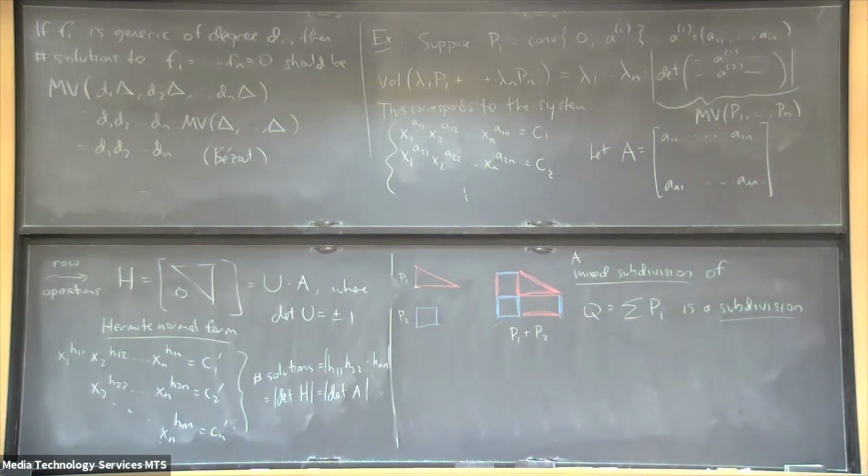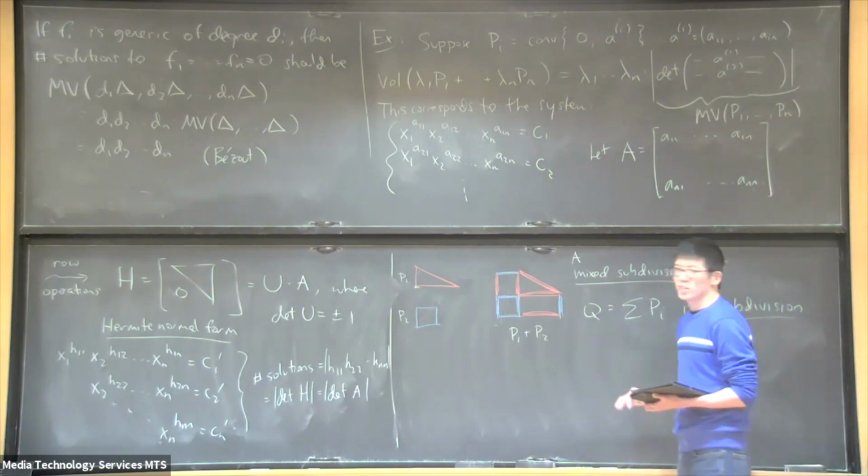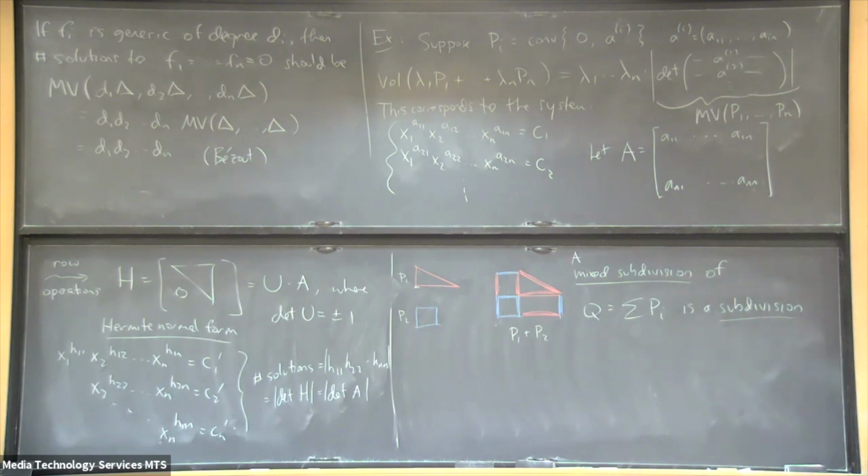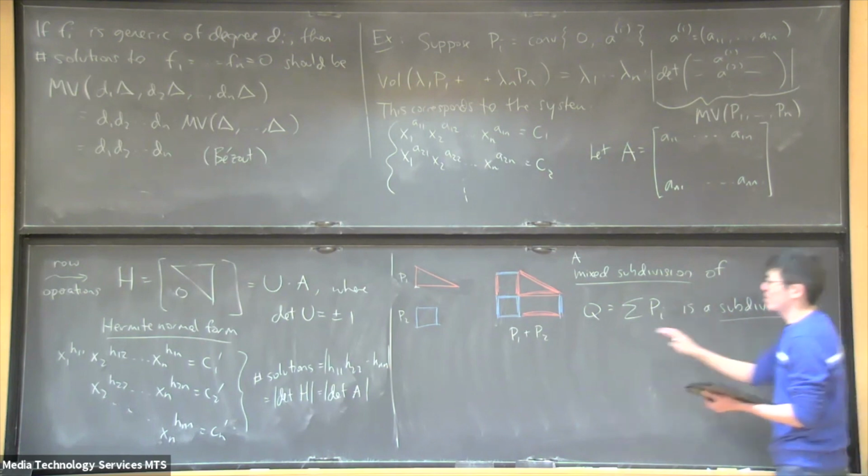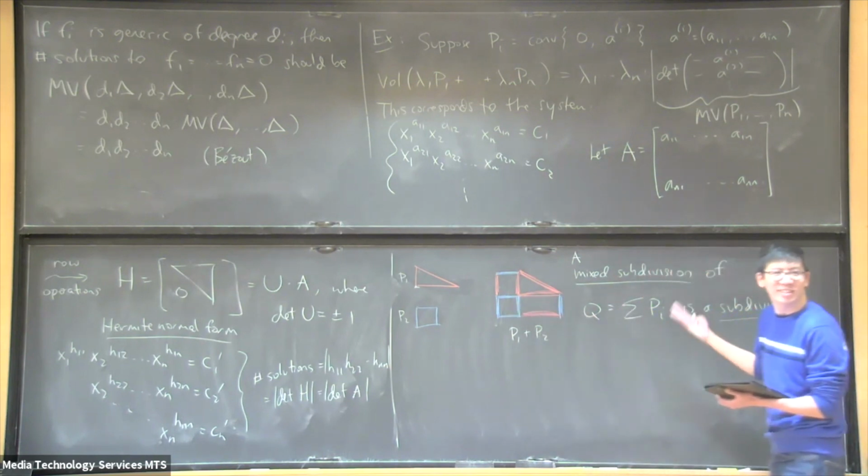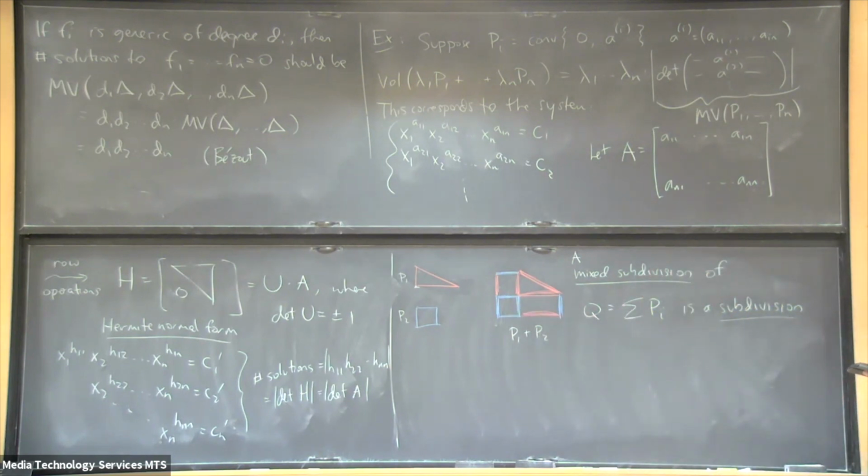If you have not seen it before, a subdivision is a way of cutting up this big polytope into a bunch of smaller polytopes. There's a condition about how the pieces fit together: they have to fit nicely along faces and things like that. But it will not be super important for us to go into too much detail here.